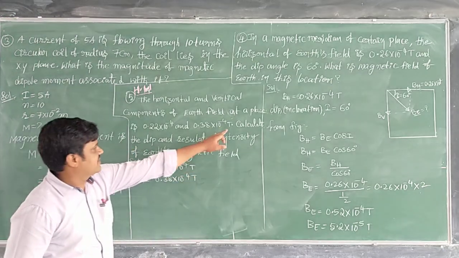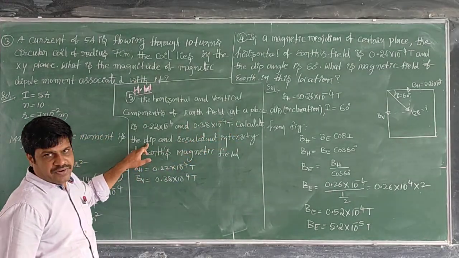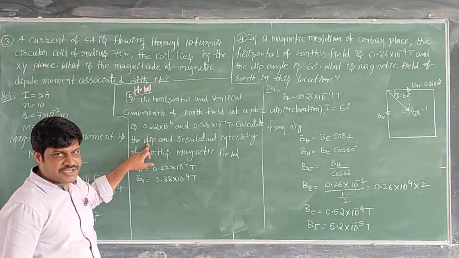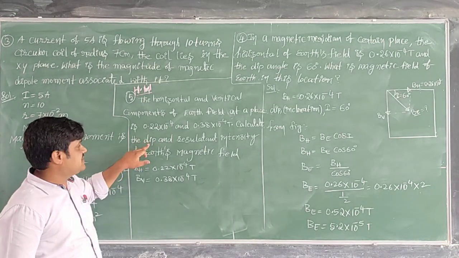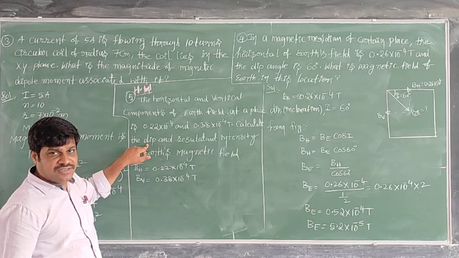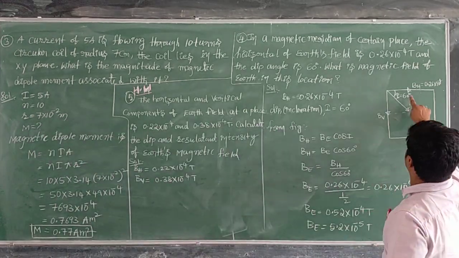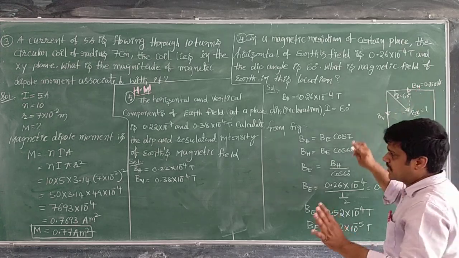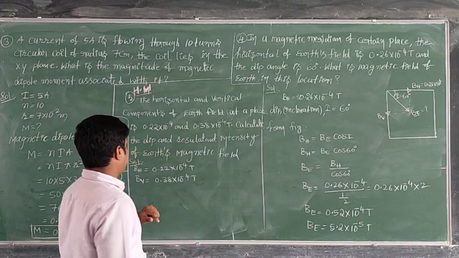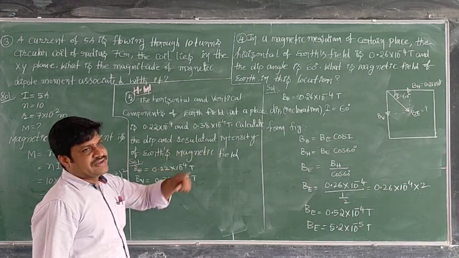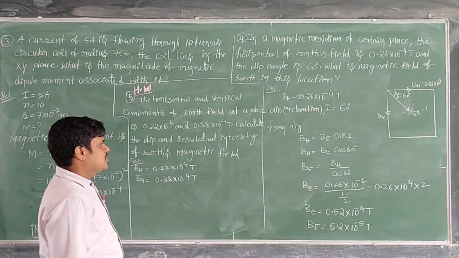The question is, calculate the dip. Dip means angle of inclination, the angle between the Earth's field and the horizontal component of Earth's magnetic field. Dip and resultant intensity you have to find out.